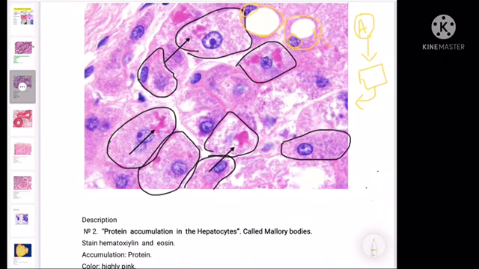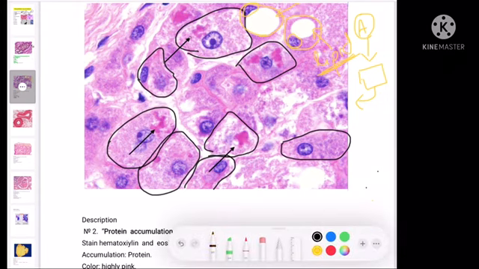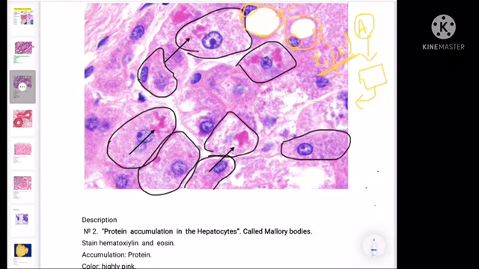And what is this white thing inside? This is nothing, it's a lipid. So this image is showing accumulation of lipid inside. Two cells showing lipid accumulation. And these cells are showing some accumulation of highly eosinophilic or highly pinkish substance inside the cell. So what are these highly pinkish substances?